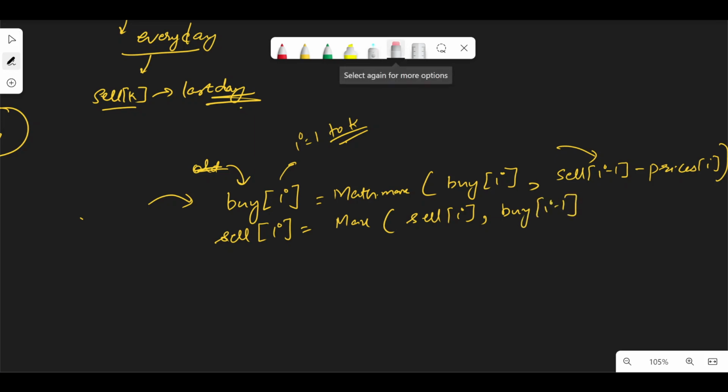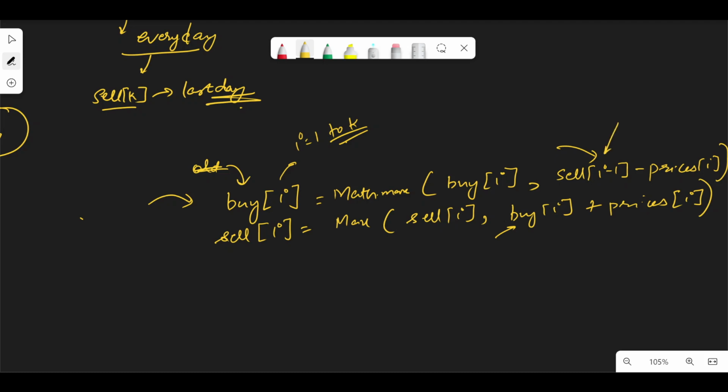And then you're selling, yeah, so you bought I and now you sell, so you get this much money. And when I say bought I, that means you have bought I minus one and sold I minus one, and you bought another one, which is what the bought I means, and then prices of I is you're selling today. Now, this I minus one is interesting, right?